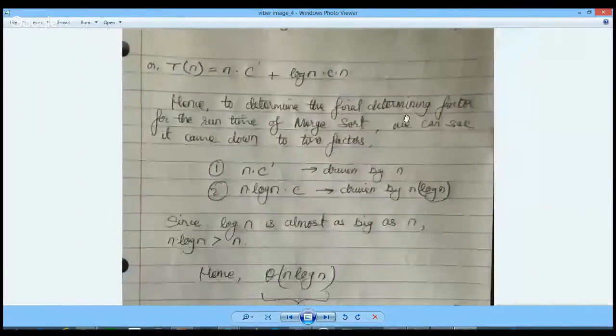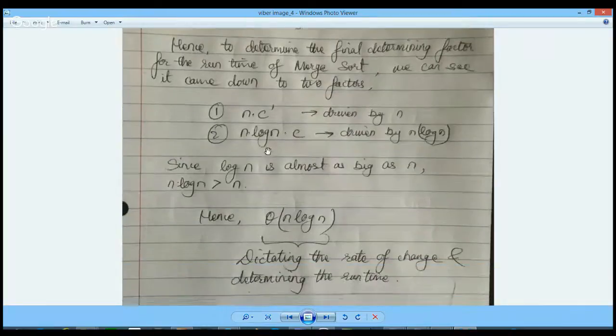To determine the final factor for the runtime, we can see it came down to two factors: n times c dash, which is driven by n, the number of elements, and n times log n times c, which is driven by n log n. So we are going to consider the term which is bigger, because it will influence the time taken by the MergeSort more than the other one.